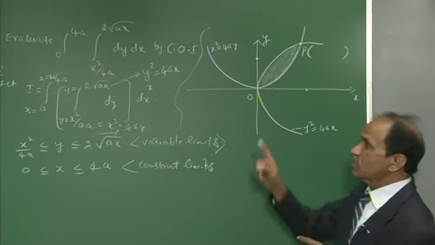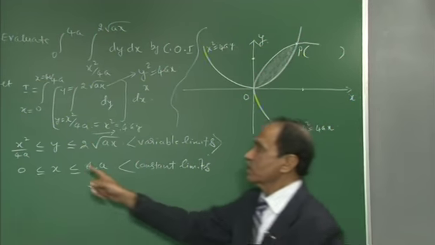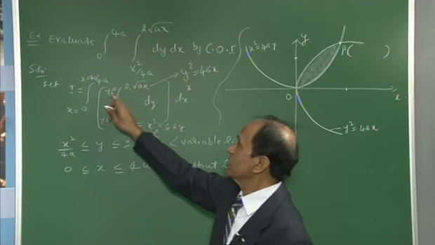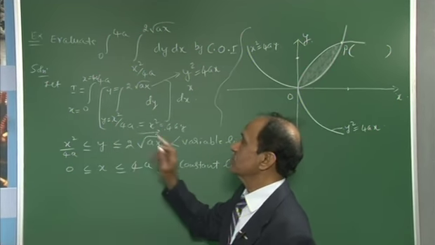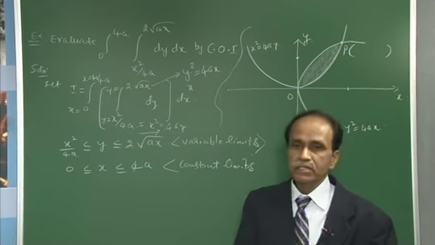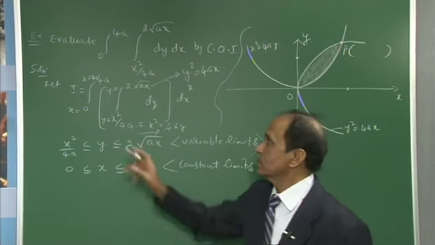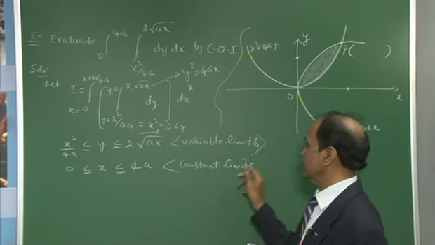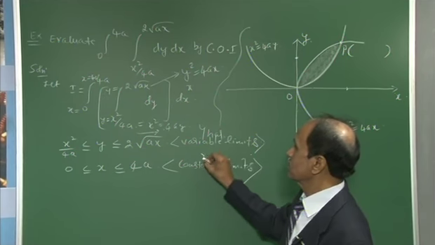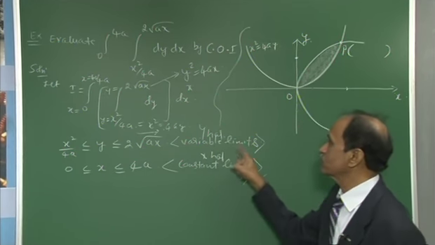Fine. According to the given problem, y varies between these two limits. That means y is a function of x, but x is 0 to 4a. It clearly conveys that x has constant limits and y has variable limits.